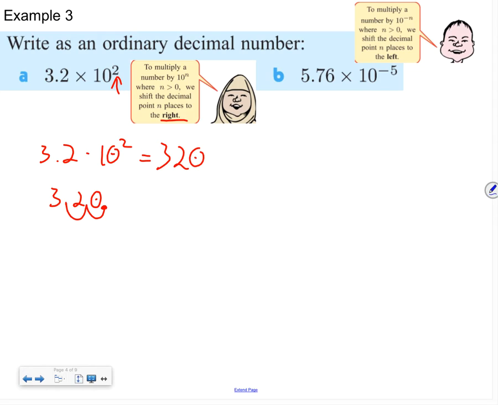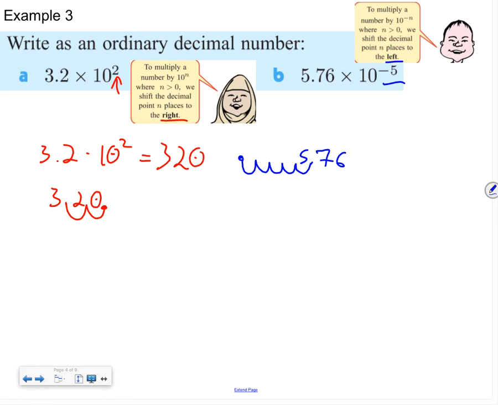Now, in example B, part of 3, I have negative 5. As I'm thinking about 5.76, I'm going to move my decimal place 5 times, but I'm going to move it to the left because I want a smaller number. So I'm going to go 1, 2, 3, 4, 5.